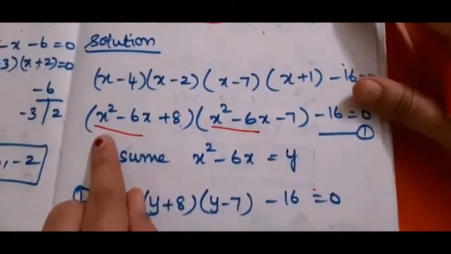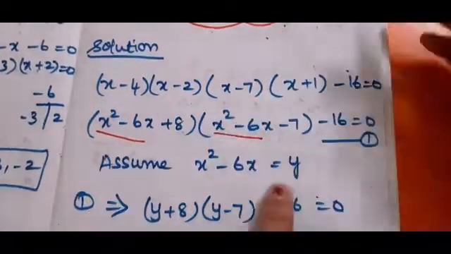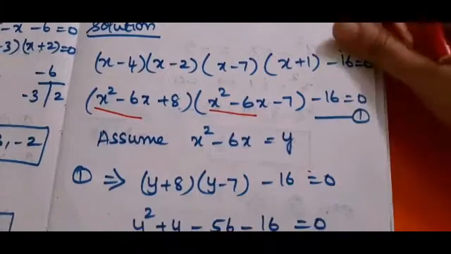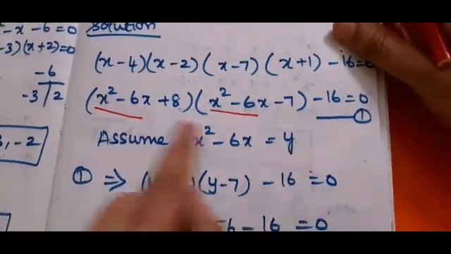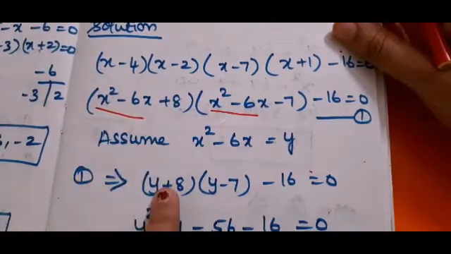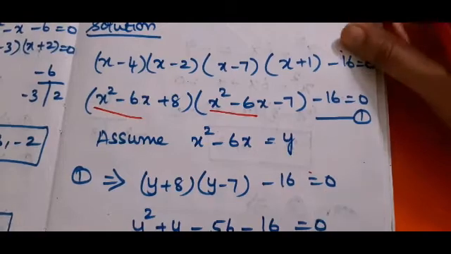So here we can clearly observe that these two terms are equal. If you are getting the equal term, then this must be replaced by y. So if you replace this term by y, this will be y plus 8 and this will be y minus 7, minus 16 equal to 0.